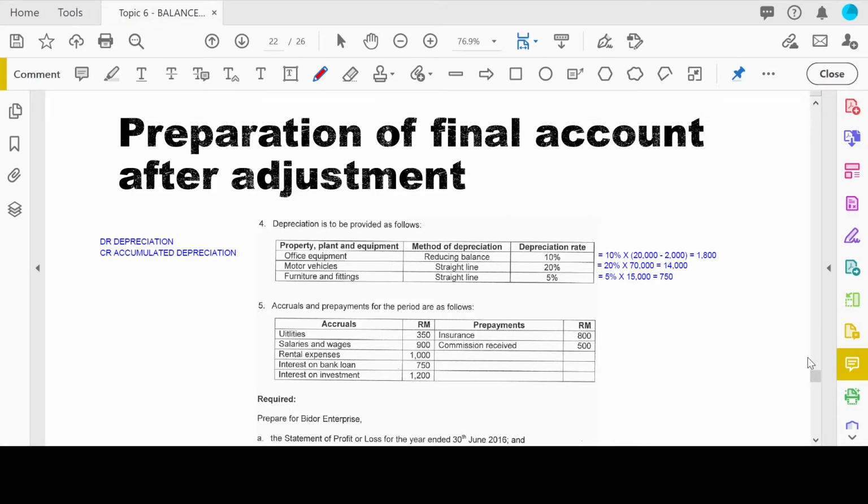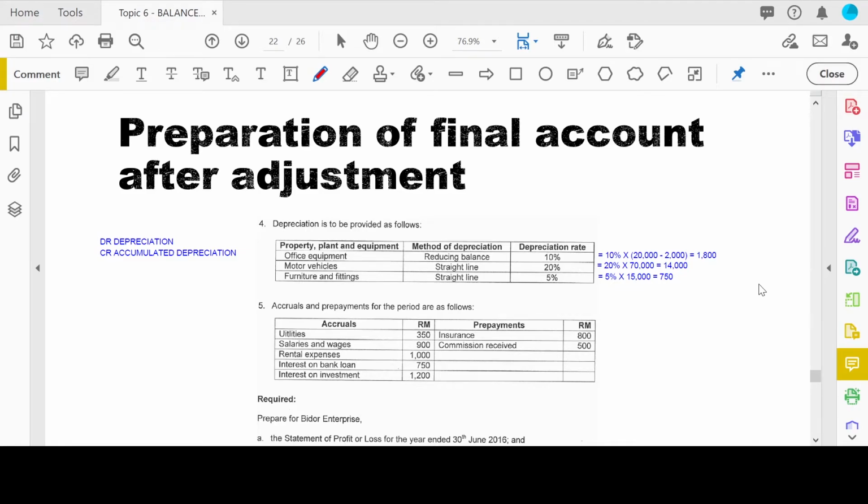Accrual means that our expense or revenue is understated. If it is a prepayment, it means that our expense or revenue for the year is overstated.